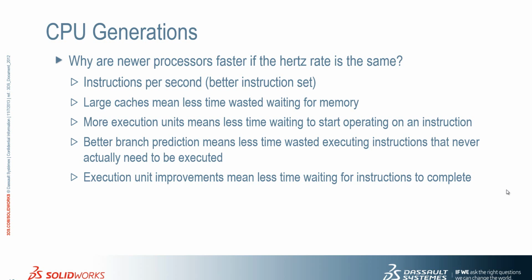So it'll take data from RAM, load it into the cache, and then the cache will push it through the CPU. It'll go back in reverse order, back to the CPU, back to RAM. Also, you've got things like better branch prediction, which means fewer processes are wasted.